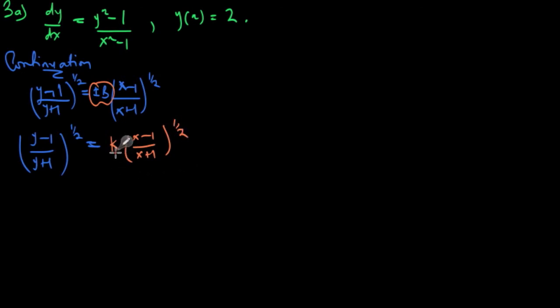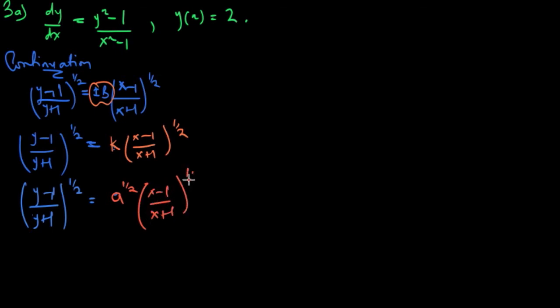Now the next is, this is still a constant. To make my whole work simpler, I'm going to rewrite this again, now you watch what I'm doing. It's going to be (y minus 1)/(y plus 1) to the power half equals, so to make this and this have the same powers, I could call this a to the power half, into (x minus 1)/(x plus 1) to the power half.